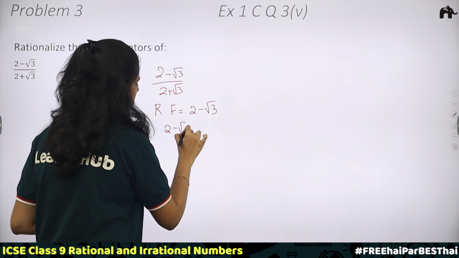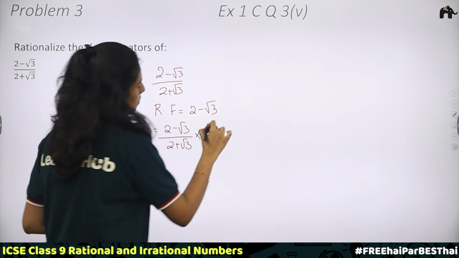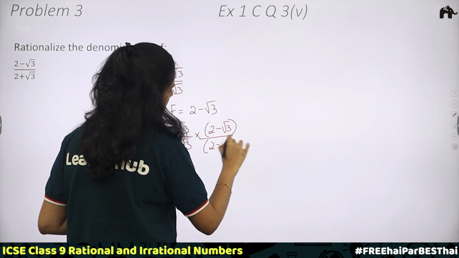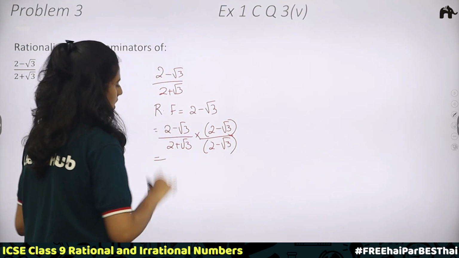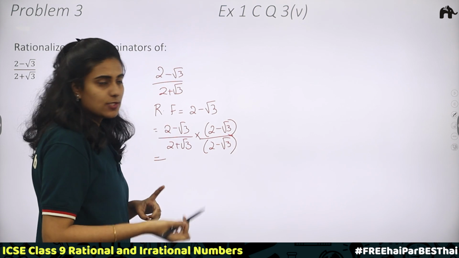2 minus root 3 divided by 2 plus root 3 into 2 minus root 3 divided by 2 minus root 3, which is equal to 2 minus root 3 into 2 minus root 3, a minus b whole square form.